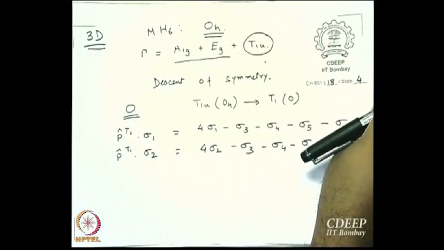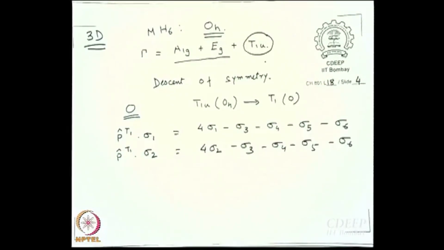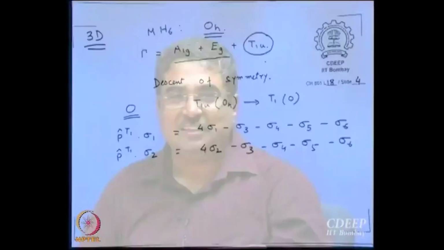And looking at this, what I am inclined to do is subtract one from the other. It is attractive because if I subtract one from the other, then I am left with only two terms. Minimum energy pathway. Let's subtract one from the other and see what happens.